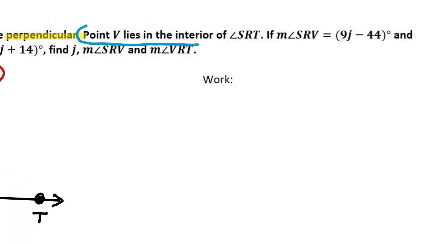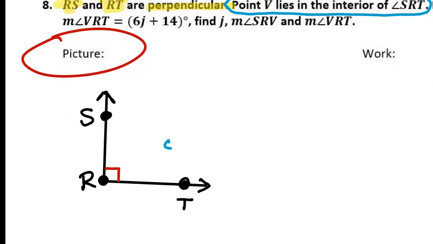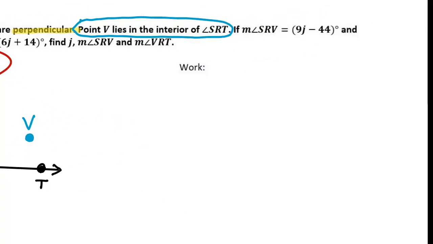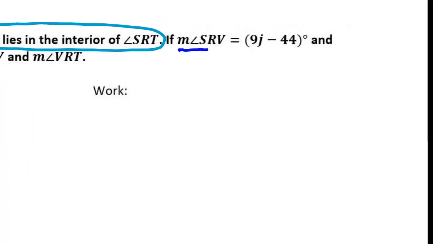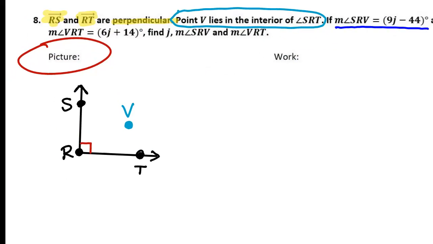Point V lies in the interior of angle SRT. Well, here's angle SRT. Is the interior this? Is it this? Yes. So somewhere in there, wherever I want, there is a point V. Says that the measure of angle SRV, well, I don't see an angle SRV.